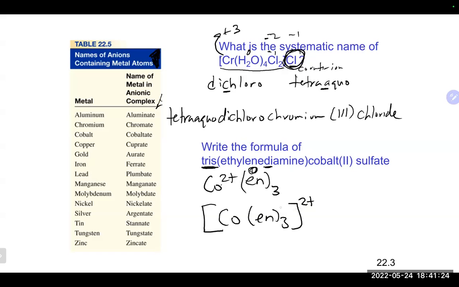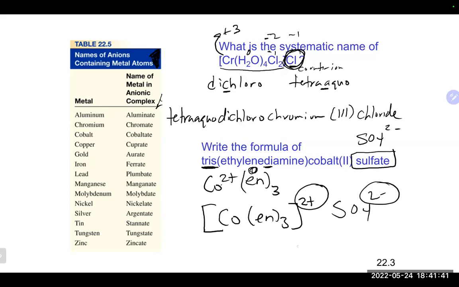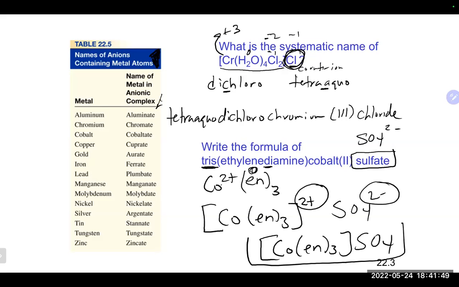So the complex ion part is +2. The reason that's important is because this is our counter ion, which is sulfate, which means in this case we actually only need 1 of the sulfates to balance it out. Because if we do this, that -2 and +2 will cancel out. We won't have any charge, so we put it together like so. SO4.